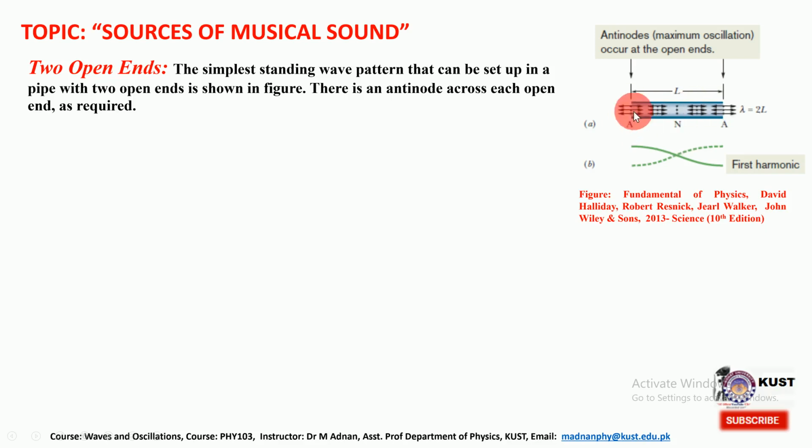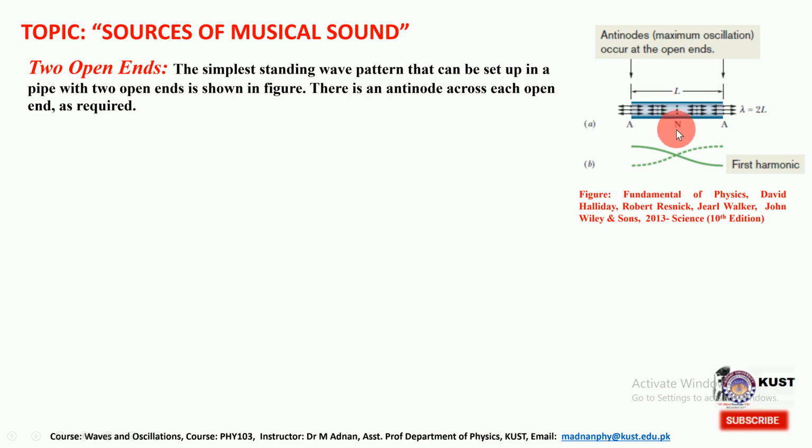So you see, if we produce such a sound inside, some part of the air inside is just stationary. If you remember, nodes are those points which have zero displacement.